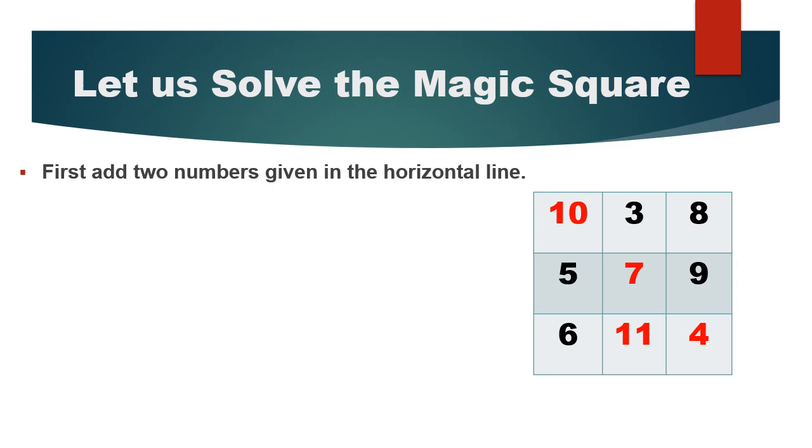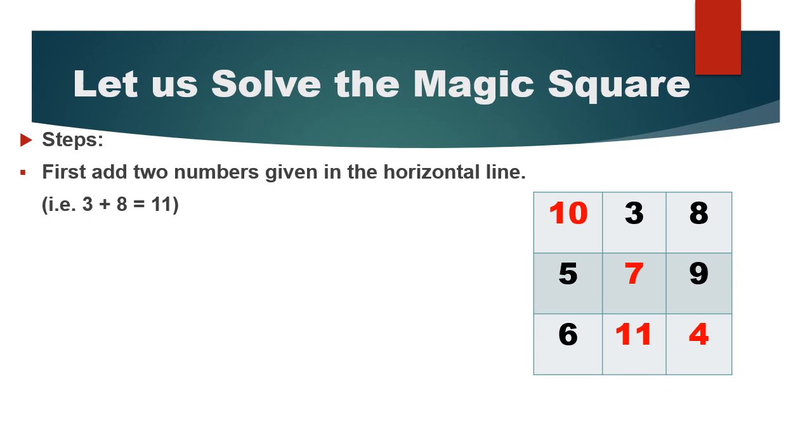First, add two numbers given in the horizontal line. That is 3 plus 8 is equal to 11. Now, subtract this from 21. As you know, the rule is that the sum of each line should be 21.